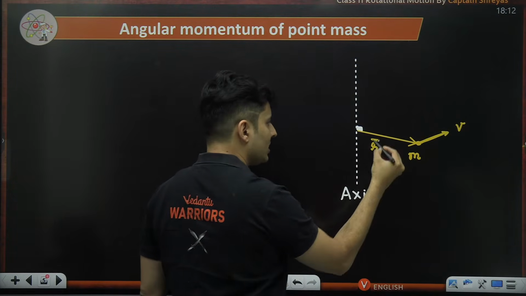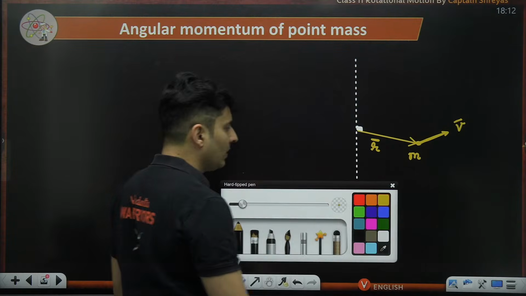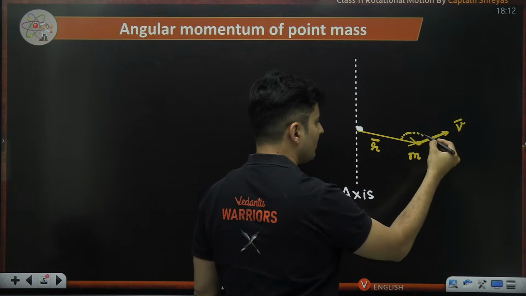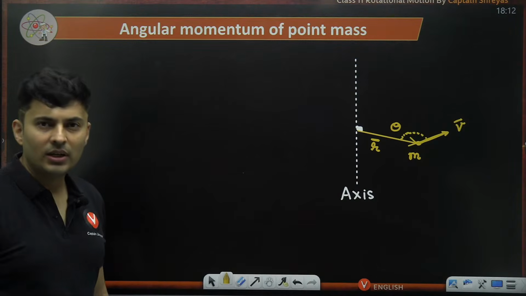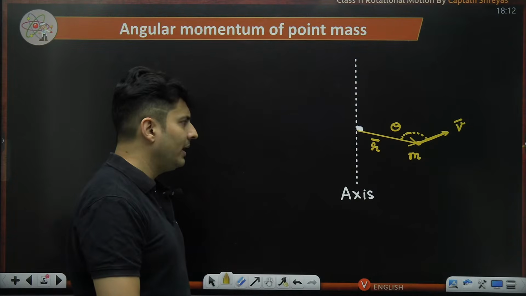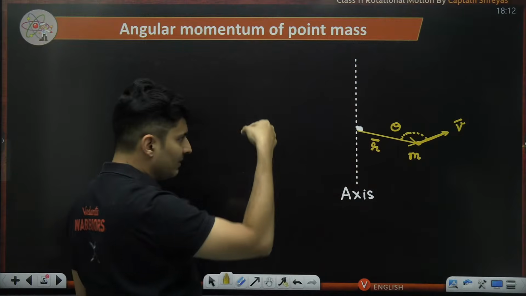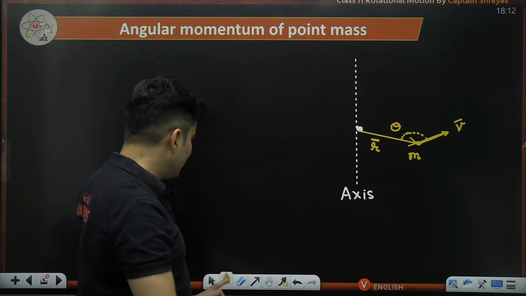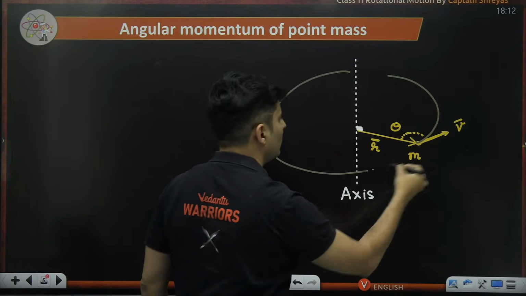This is the position vector of that mass, which has some velocity. And there is right now some angle between these velocities and position vectors. Let's say I call it theta. Then the angular momentum, because this mass is going behind this axis, coming from this side, going in front and going like that. If you visualize the path, it looks like this.